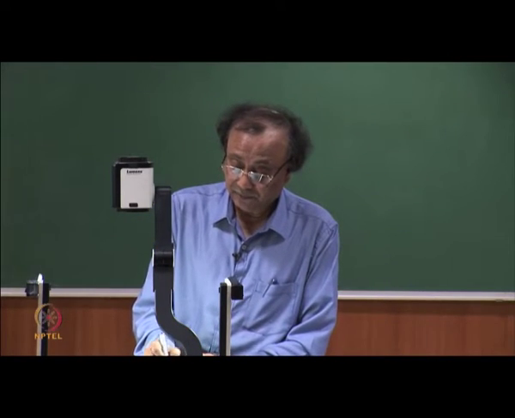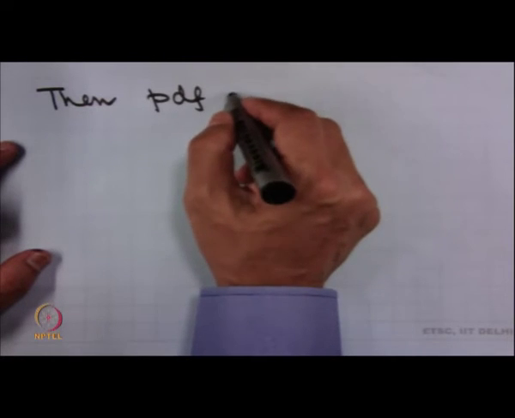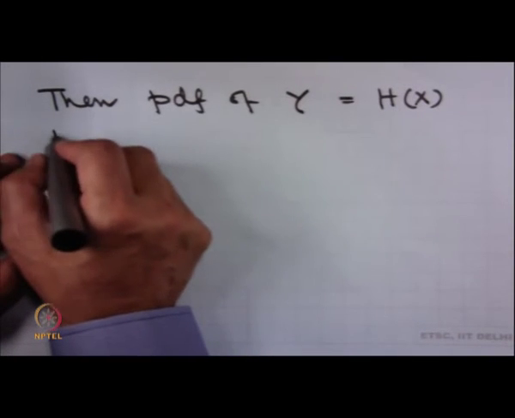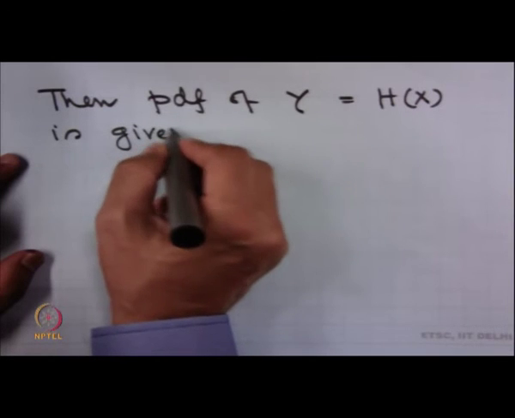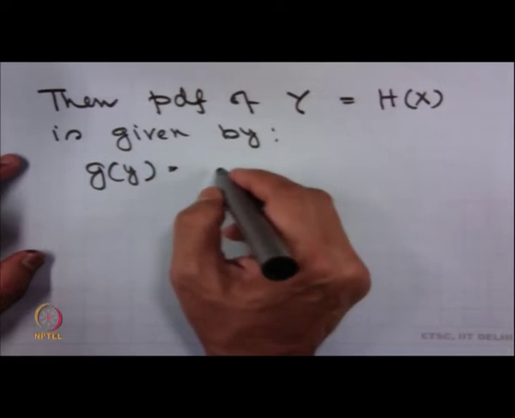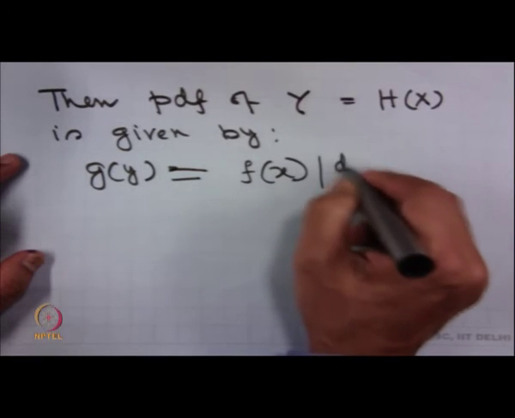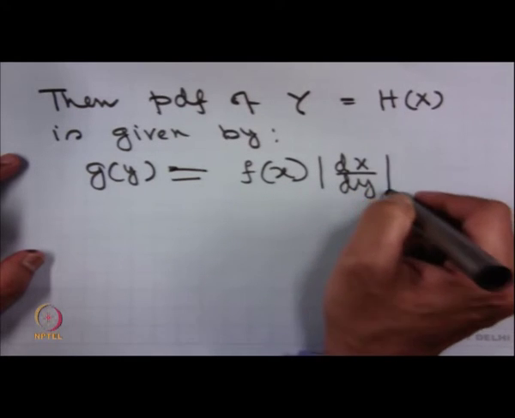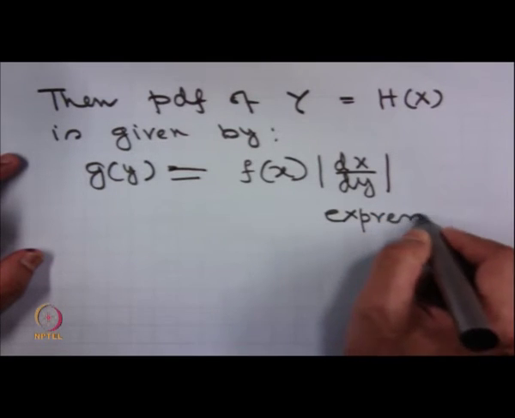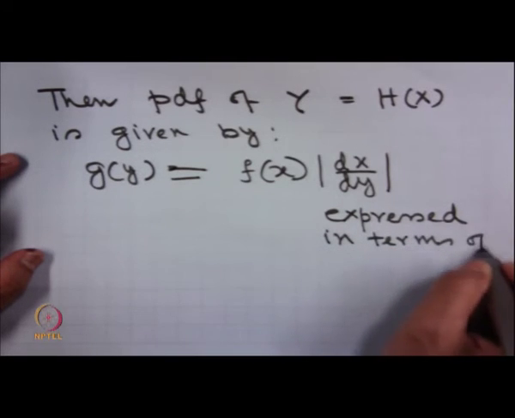Then the PDF, the probability density function of y is equal to h of x, is given by g of y is equal to f of x multiplied by the mod value of dx dy, expressed in terms of y.